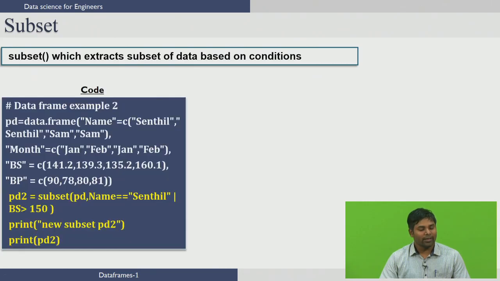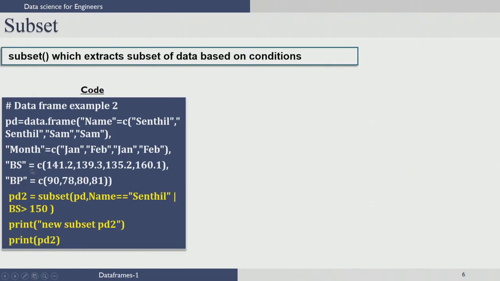Now, we are going to create a data frame by name PD using the first line, which has name, month, blood sugar and blood pressure as the columns. In the name we have Senthil and Sam, in the month we have Jan and February, in the blood sugar we have a vector of blood sugar values, and in the blood pressure we have a vector of blood pressure values.